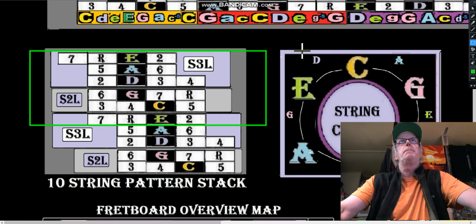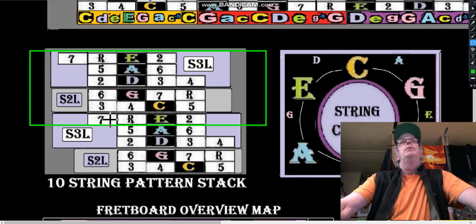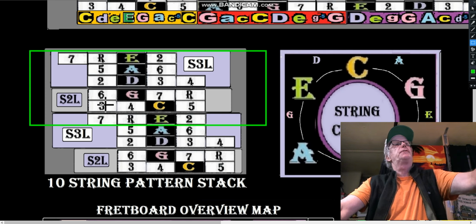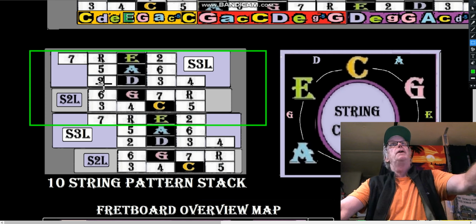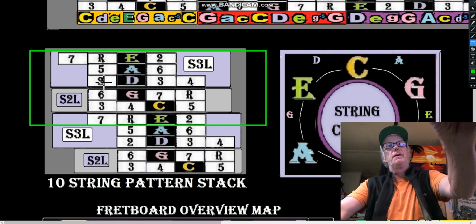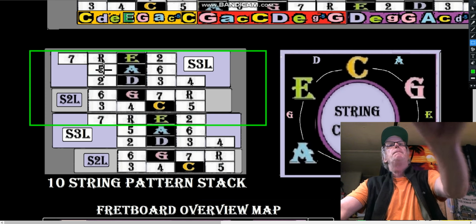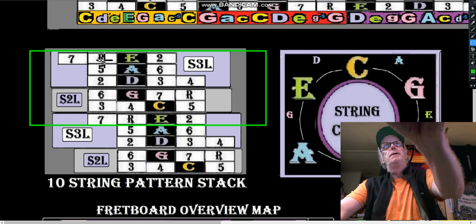So there's our fretboard. But look, the top and the bottom strings don't line up, because it's all P4 tuning. If you look at them by notes, the 7 to the 3 is a 4th, the 3 to the 6 note is a 4th, the 6 to the 2 note is a 4th, the 2nd to the 5th is a 4th, and the 5th to the root is a 4th.